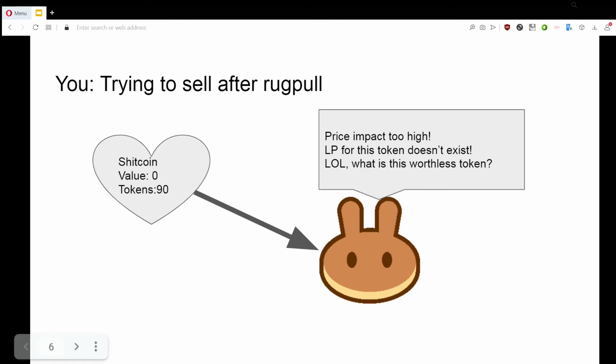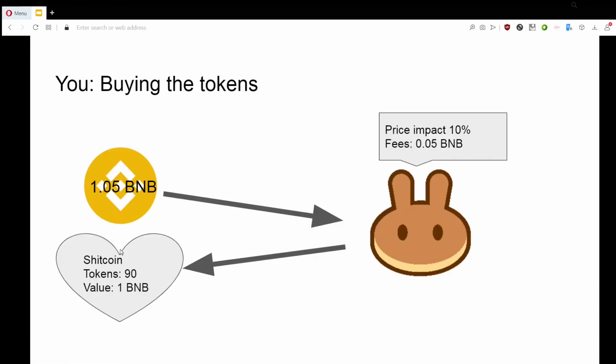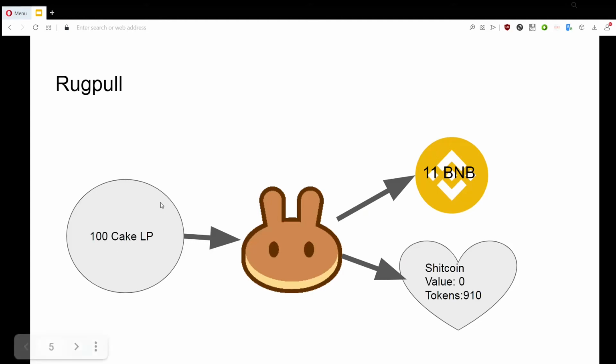But the way you can prevent this from happening to you is actually very easy. As you can see at this point, the owner of the token can only do this if they own the Cake LP. There are two ways that you can see if this can happen or not.